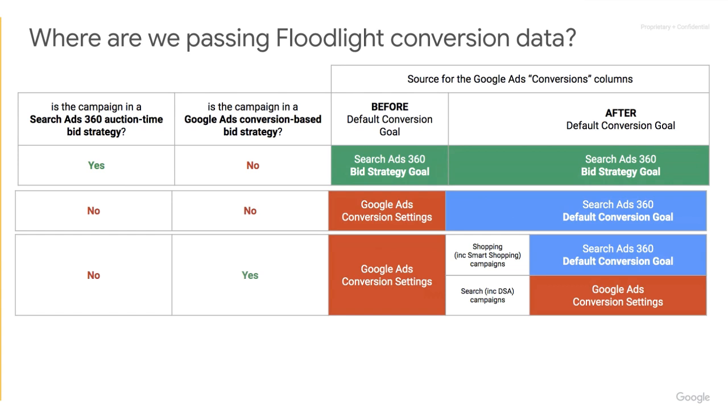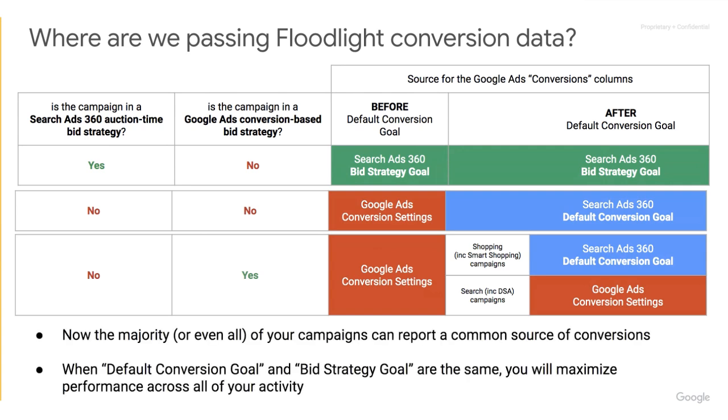For campaigns which are using search text-based optimization, including DSA, the Google Ads conversion setting will remain, and that is the only exception here. So the key takeaway is, once you start using auction time bidding, in most of the campaigns, you'll start seeing the default conversion goal being transported across the account.